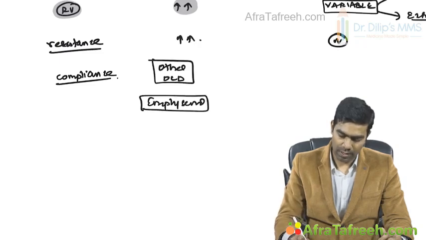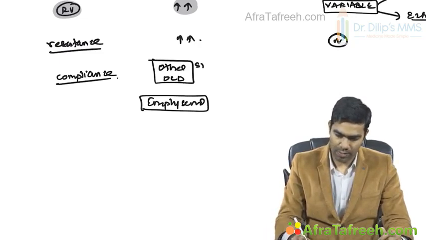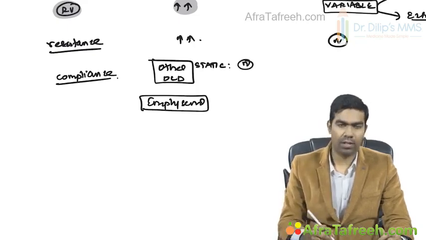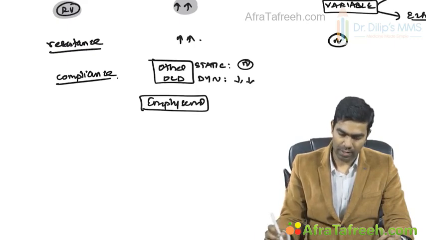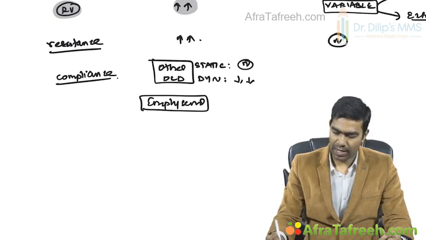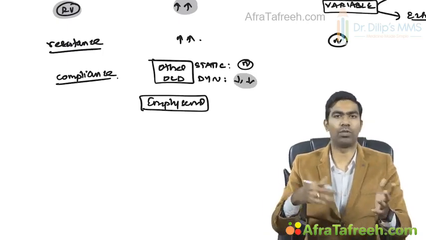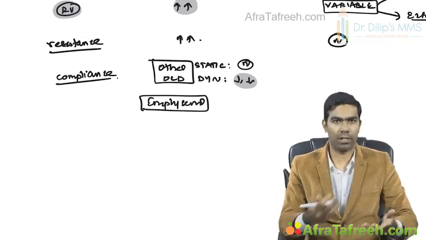In other OLDs, we'll see the static compliance first. Static compliance will be normal in other OLDs, whereas the dynamic compliance may be decreased. Clear? Why may the dynamic compliance be decreased? That is because dynamic compliance is a measure of both airway resistance as well as the static compliance.